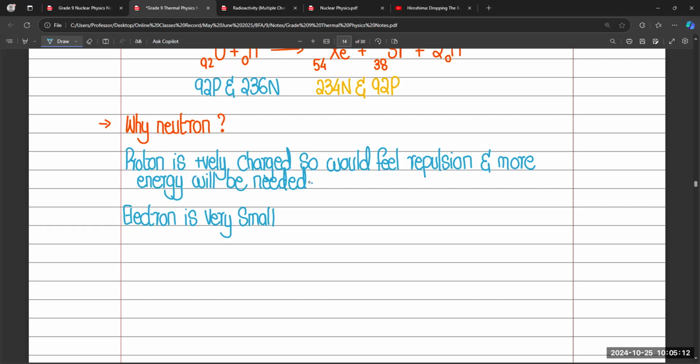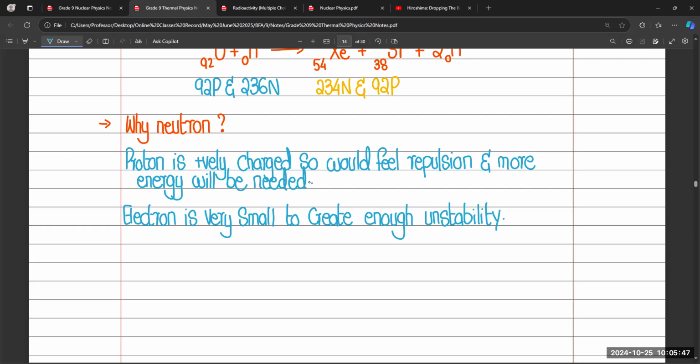So electron is very small to create enough instability, right? So if they ask why we only use neutron, because there are other options available also, so why do we choose neutron only?